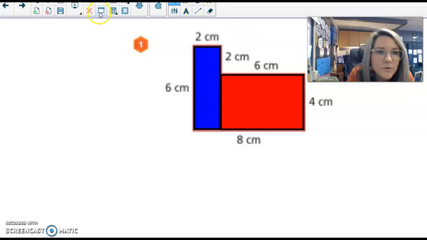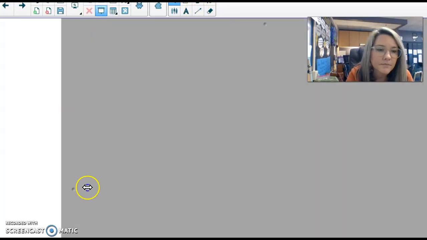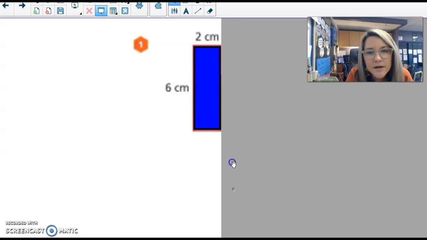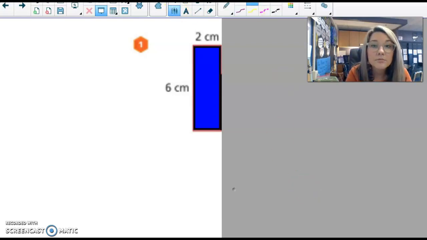Okay, so let me do this. If I were to cover up the red rectangle, what are the dimensions of the blue rectangle? You're right, a 6 by 2. And I can imagine 6 rows, 2 columns, 6 rows of 2, and I know I can find area by multiplying.